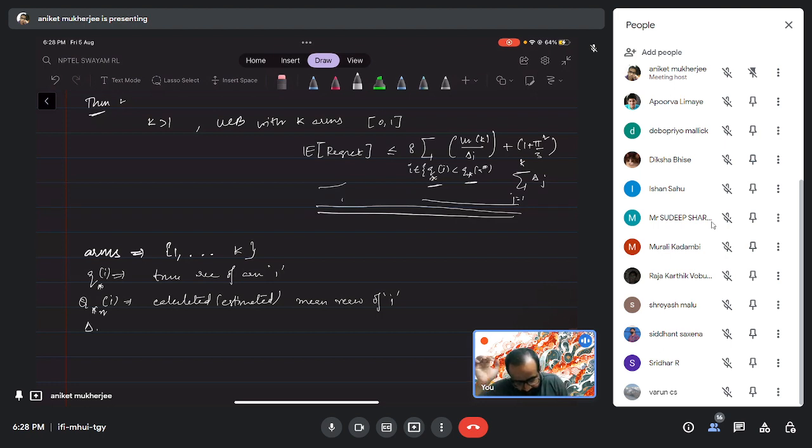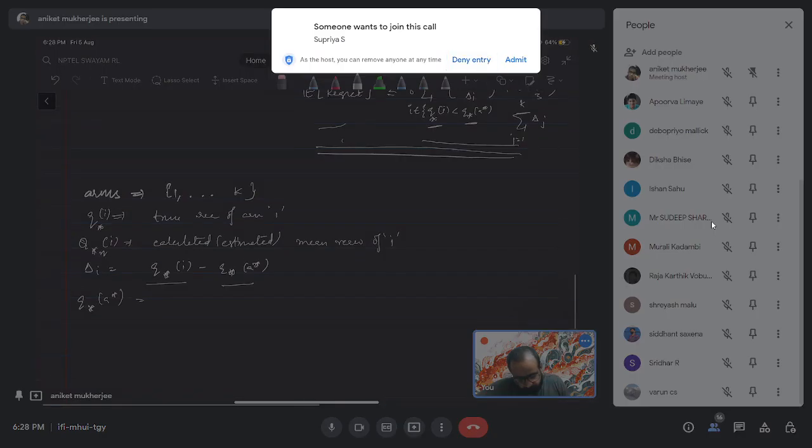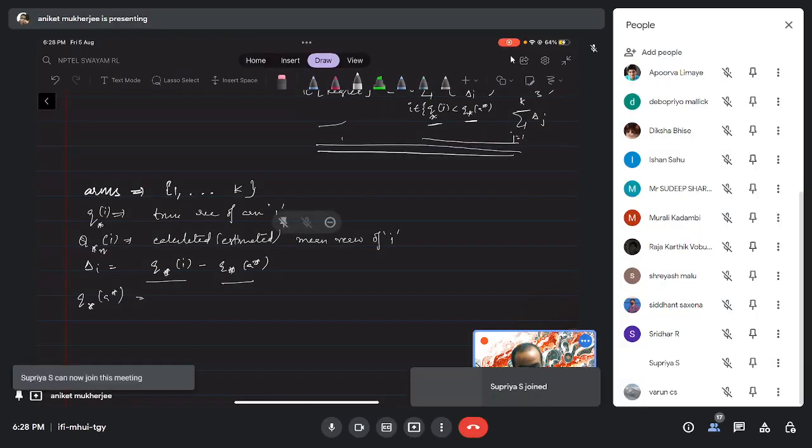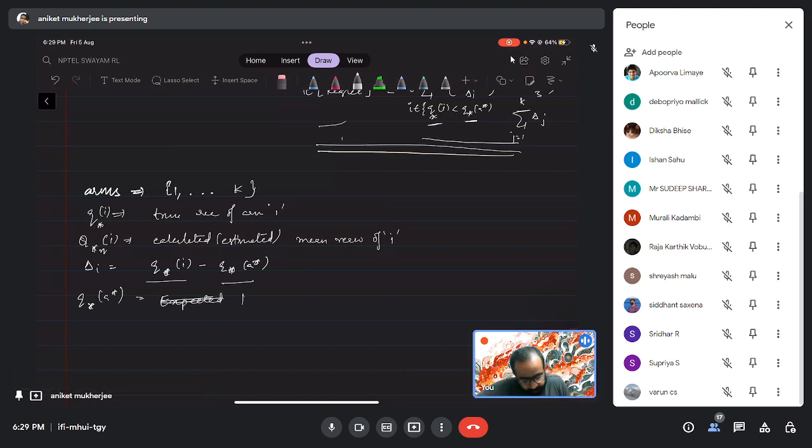And yeah, in the theorem delta i is equal to Q star i minus Q star A star. Or is it the other way around? It's Q star A star minus Q star i. Q star i is the original value for the ith arm. Q star A star is the true expected reward of the optimal arm.